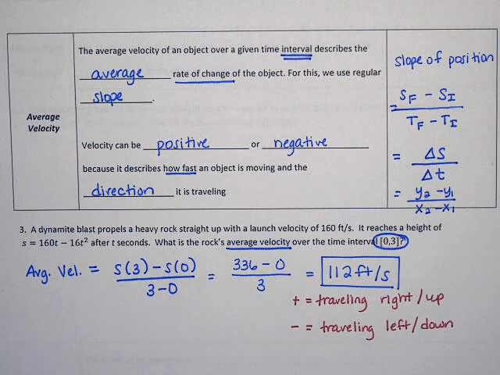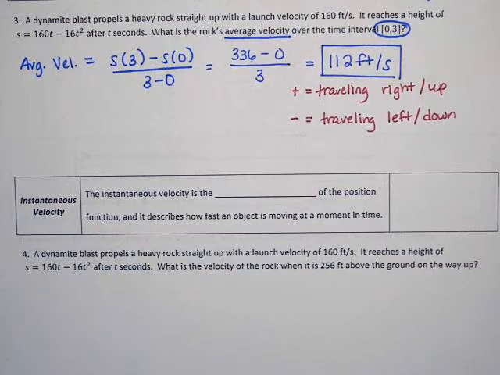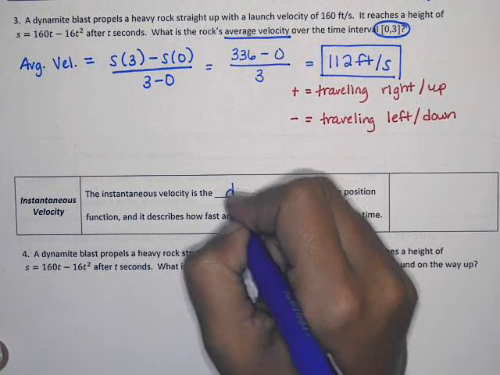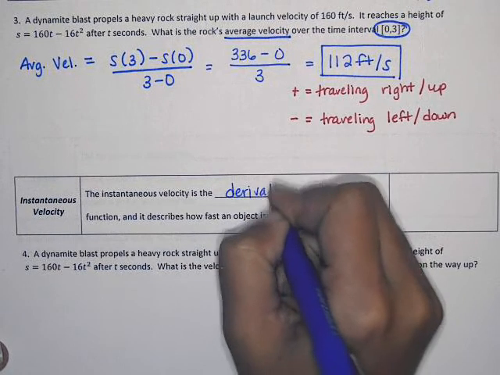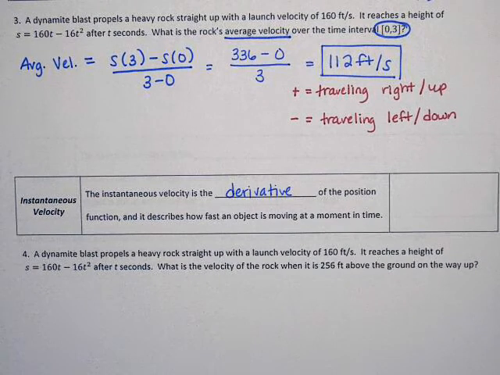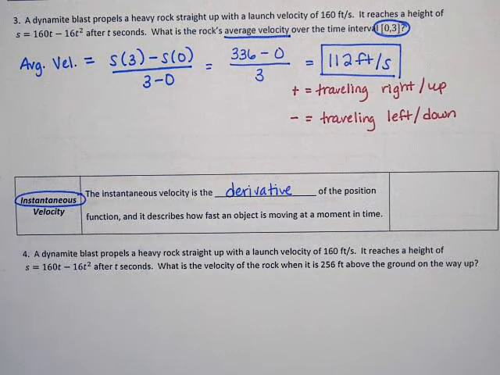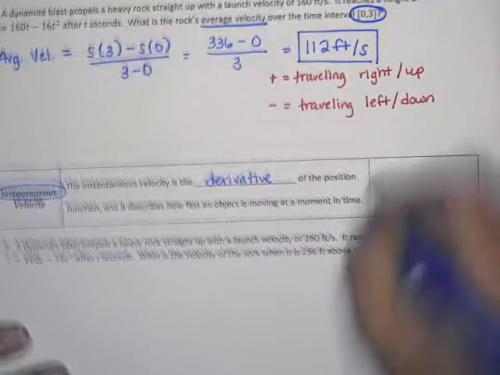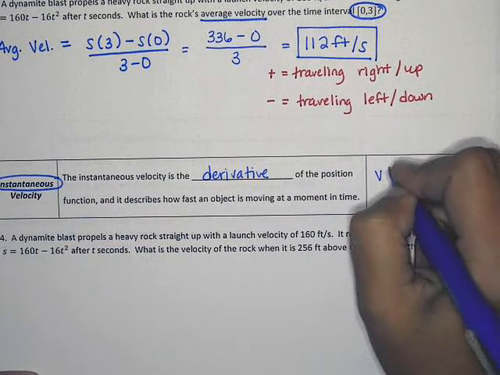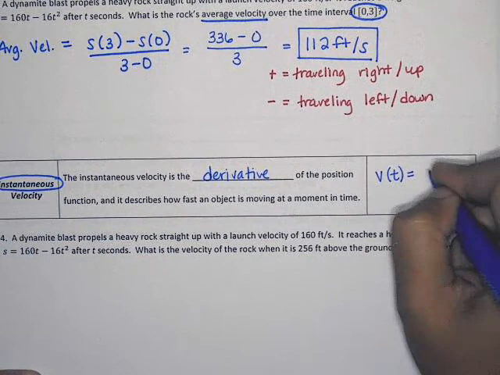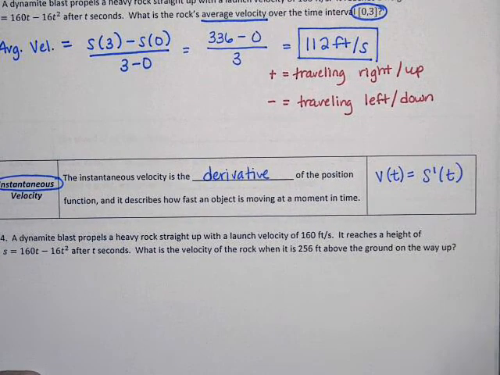So to the right and up are positive, to the left and down are negative. Now, what's the difference between average velocity and instantaneous velocity? Instantaneous velocity is the slope or the derivative of the position function. Remember, instantaneous always means take a derivative. So we would look at velocity, which we call a brand new function v, is the slope of position.